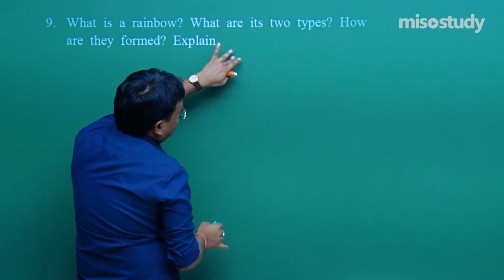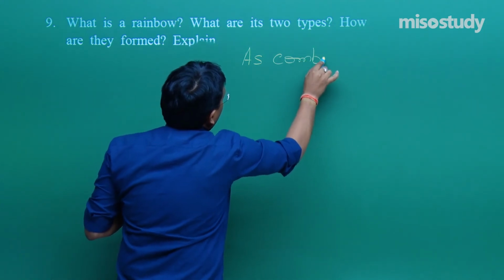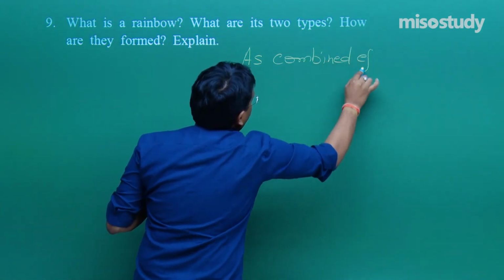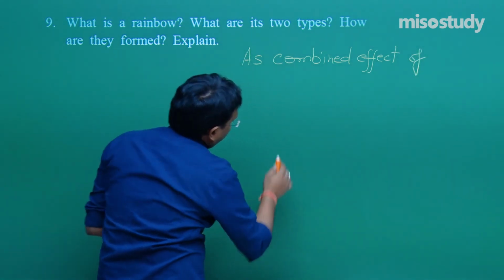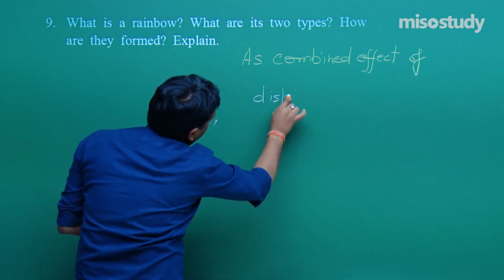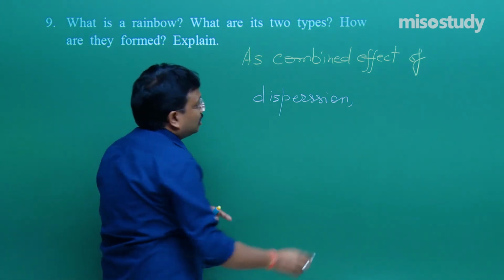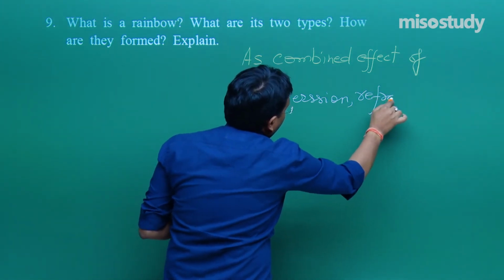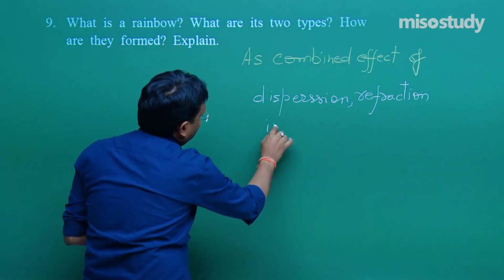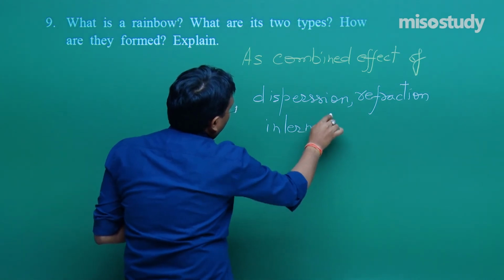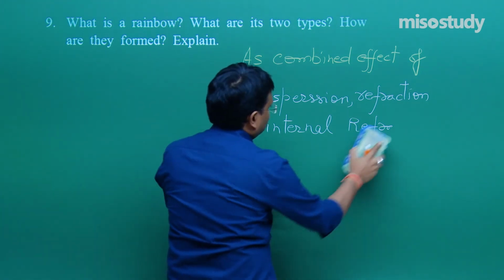So rainbow formation takes place as the combined effect of dispersion, refraction, okay, and internal reflection.